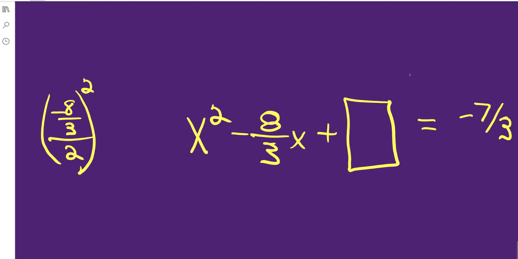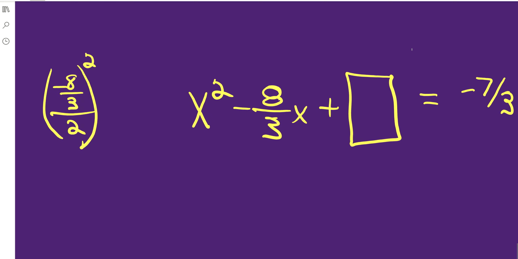Okay, here's where we're at now. I took the -8/3, divided it by 2, and now I'm going to square it. -8 over 3 divided by 2 is going to be -8 over 6.